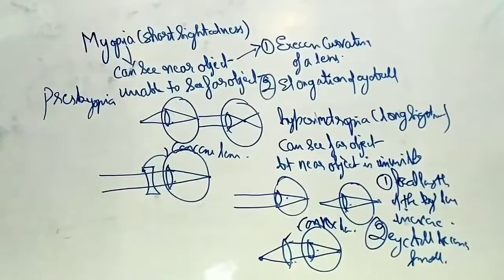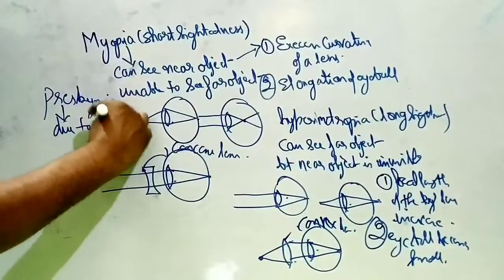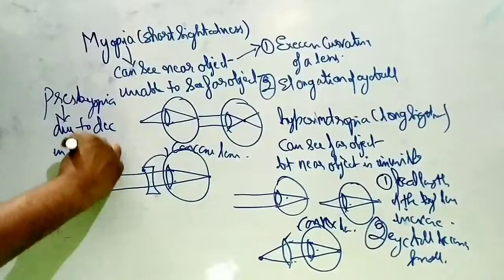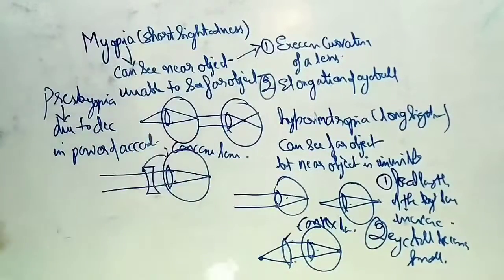It is due to the decrease in the power of accommodation. Means the eyes will not be able to change the focal length so frequently. So that defect is due to the ages.